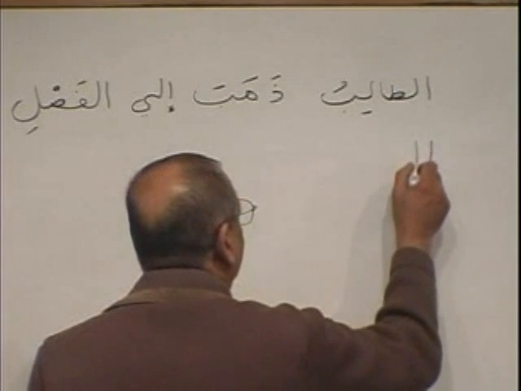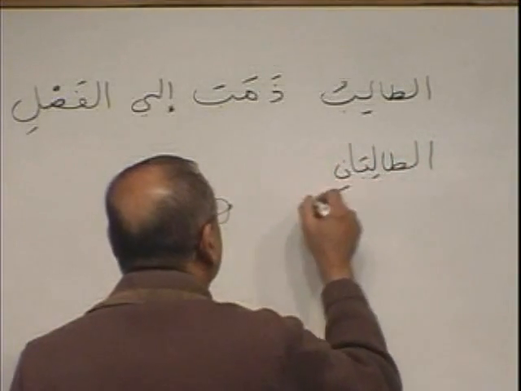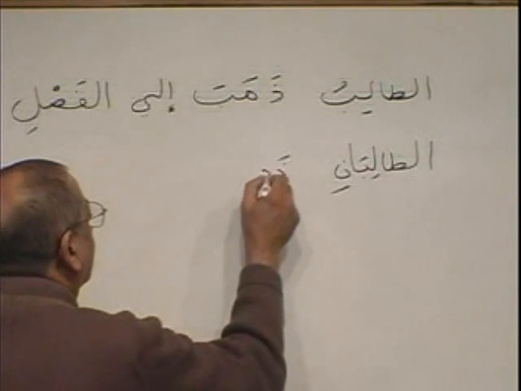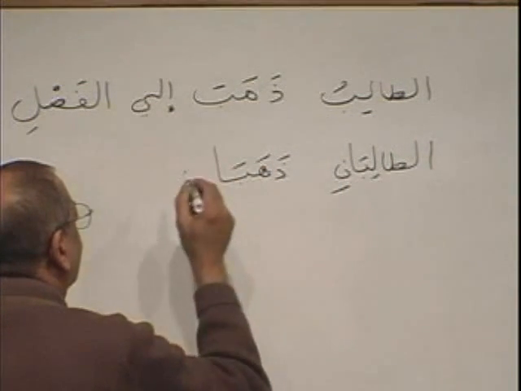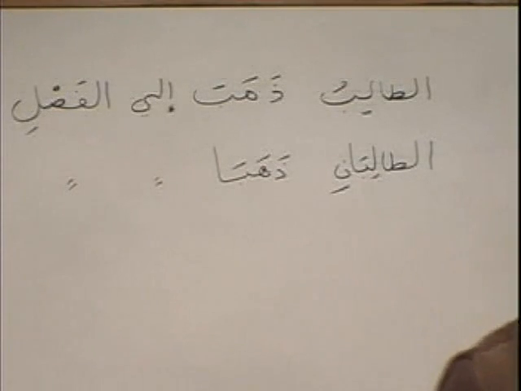Fine. If I say at-talibu, mubtada, then what is zahaba? Fi'al. Where is the fa'il? Mustatir. Taqdiruhu huwa. It is pointing out to, indicating it to the talib.